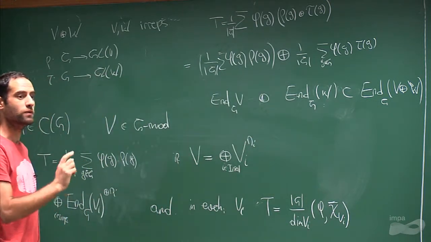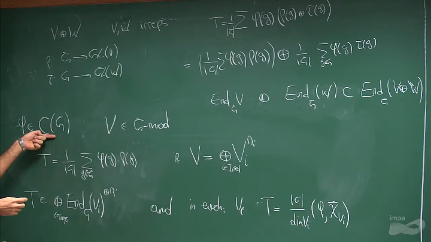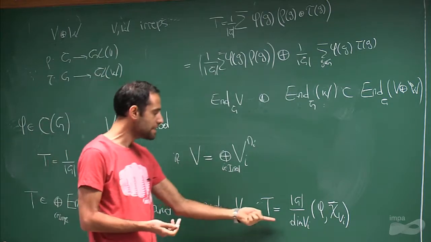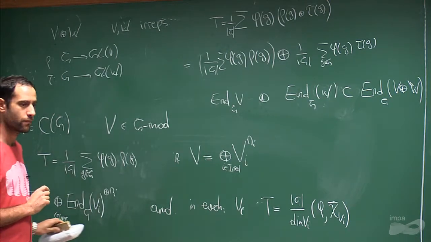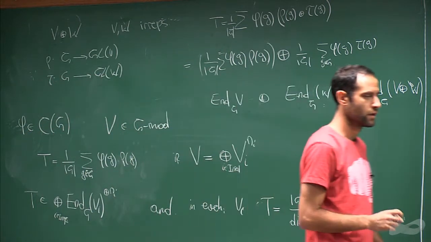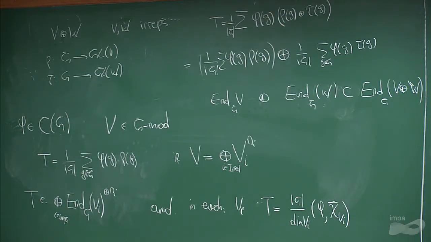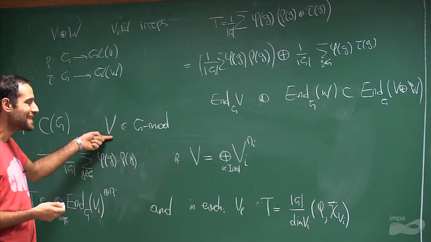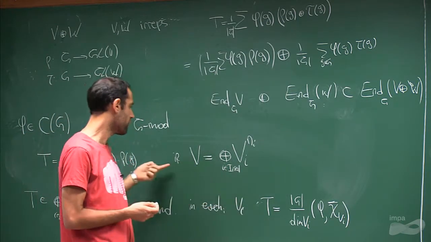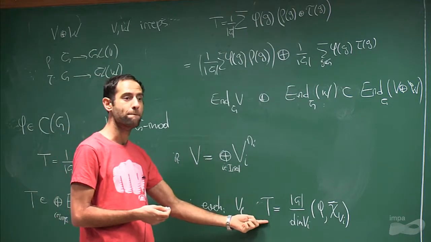So now I know that if my phi is a class function that is orthogonal to every irreducible representation, then T restricted to any irreducible component is 0. Therefore, T is 0. So if I have a class function that is orthogonal to any irreducible representation, then for any module V, T restricted to any of its irreducible components is 0.